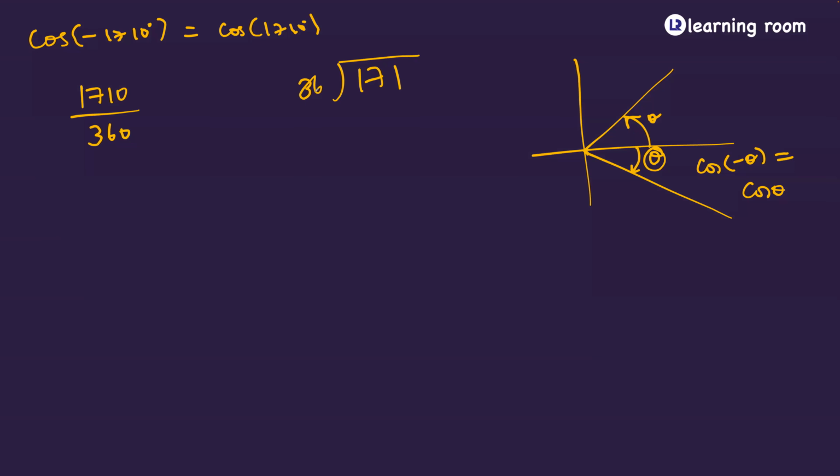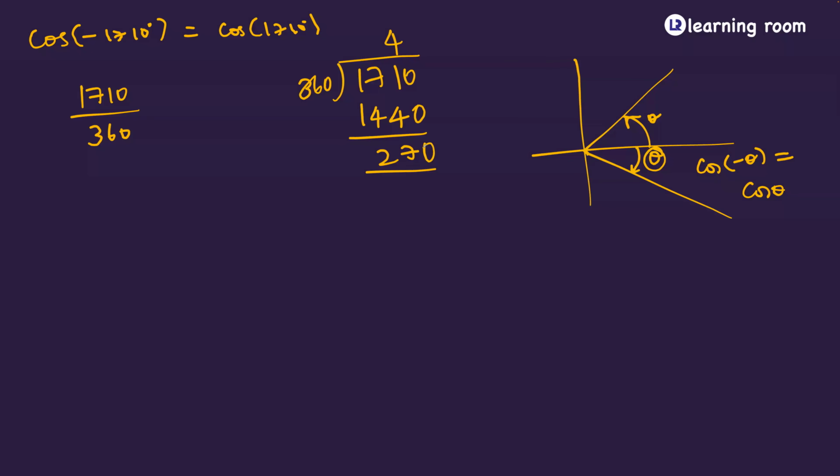How much are you getting? 27, so the quotient is 4 and the remainder is 270.